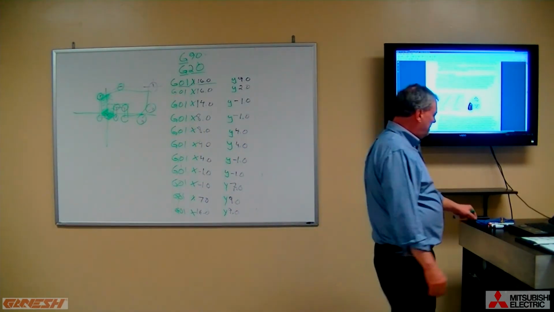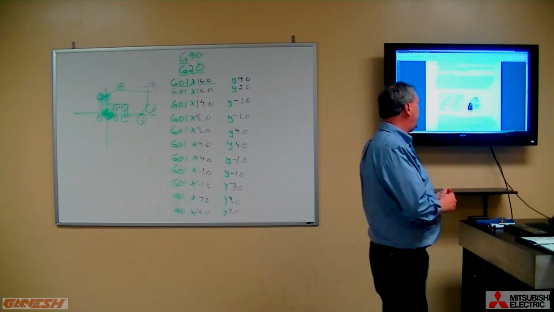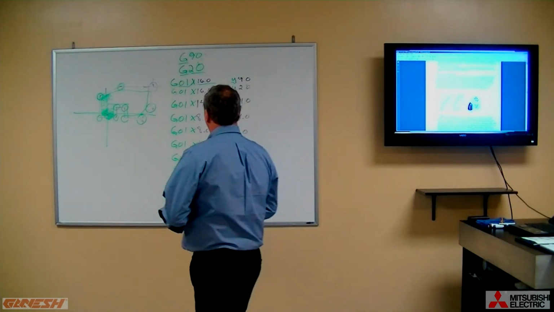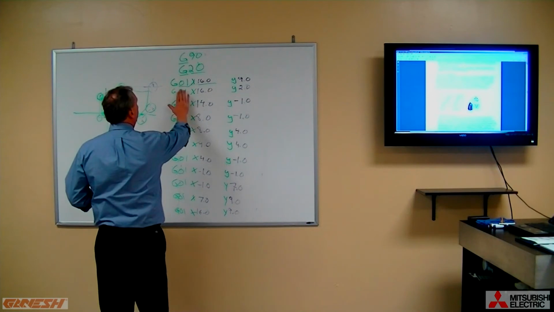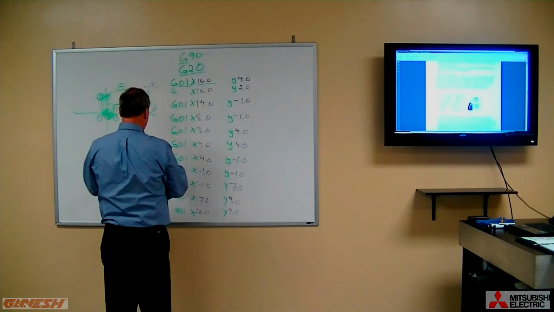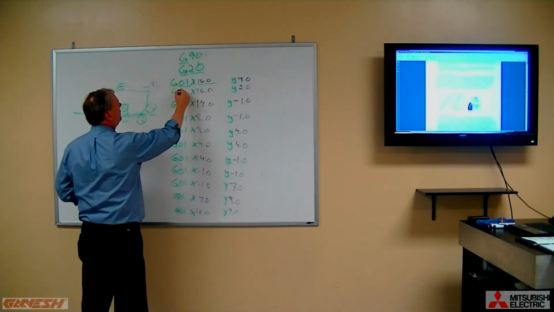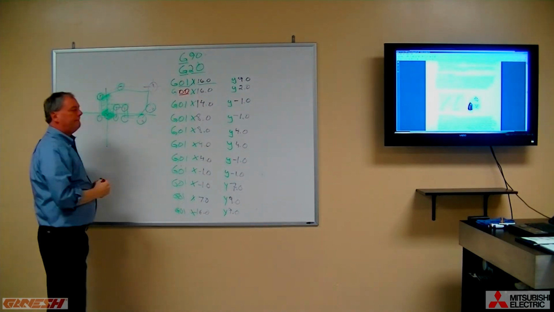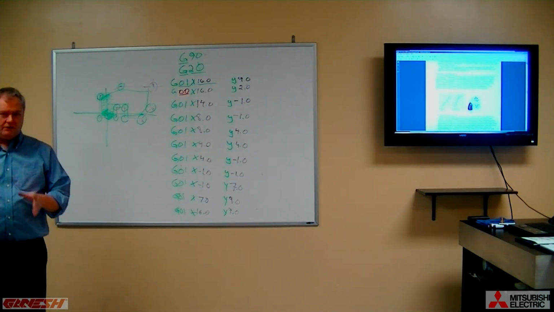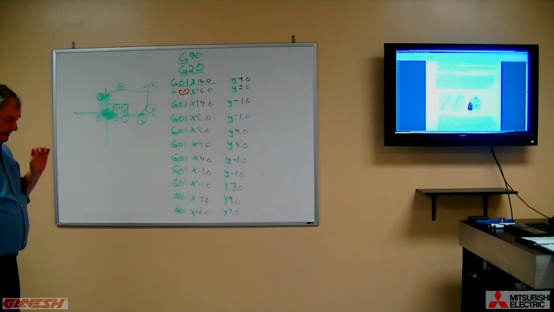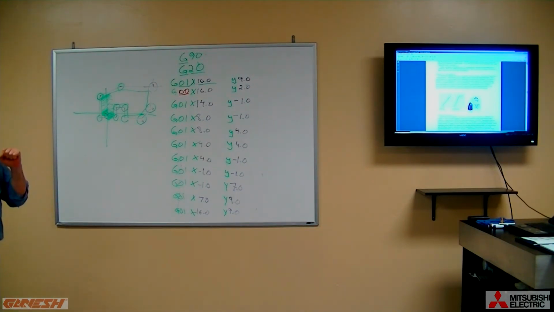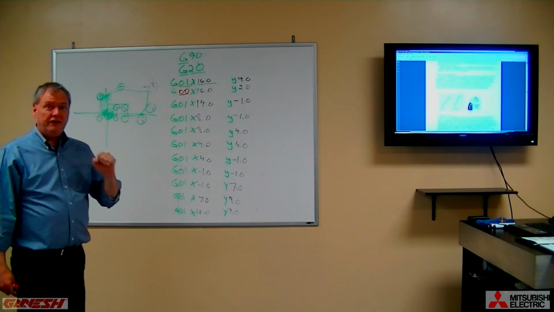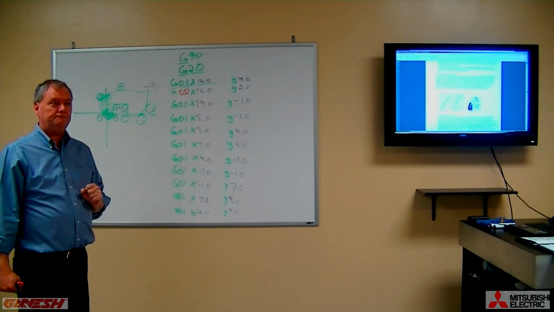Alternately, if we were to change one of these lines to what we call G00, a G00 now says move at the fastest possible rate that your axes can take you.